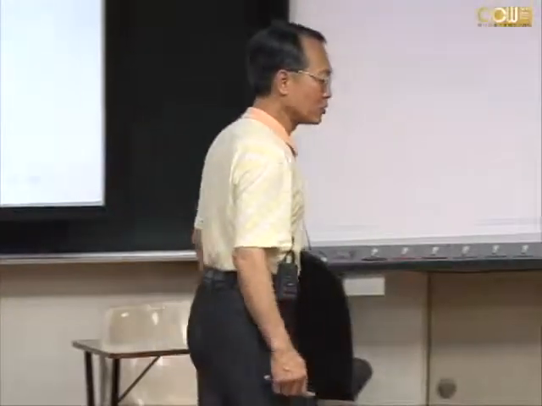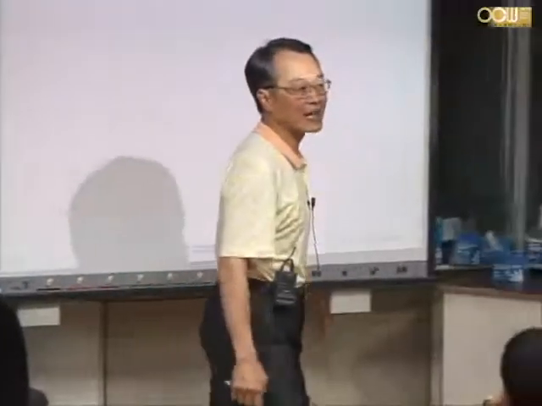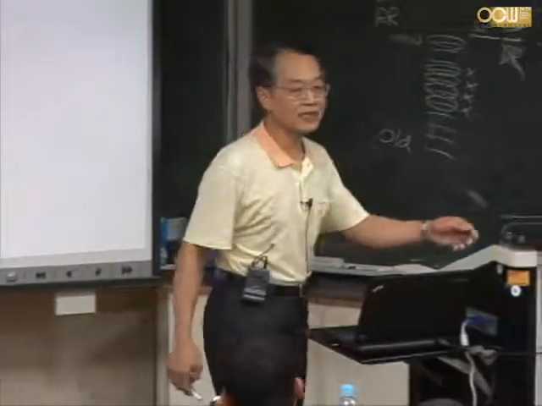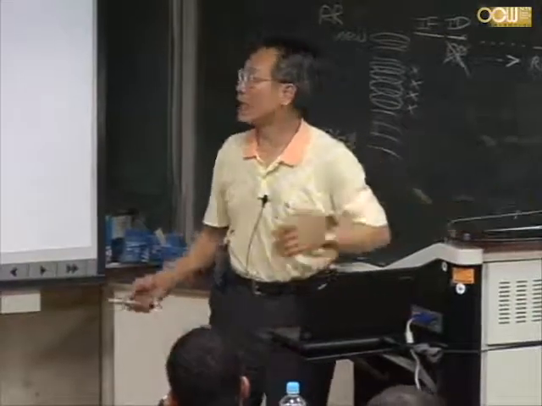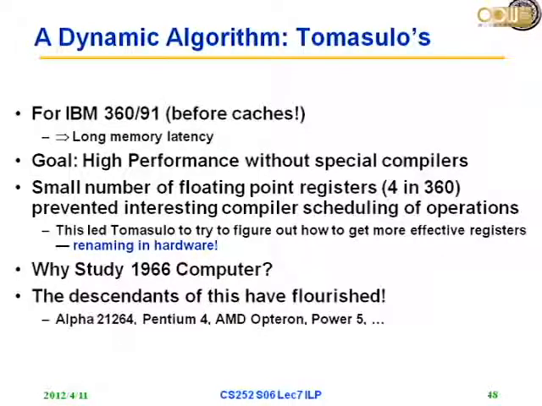The most well-known, world-famous dynamic scheduling scheme is called Tomasulo's algorithm. Mr. Robert Tomasulo, working for IBM in the 60s, invented this method more than half a century ago.